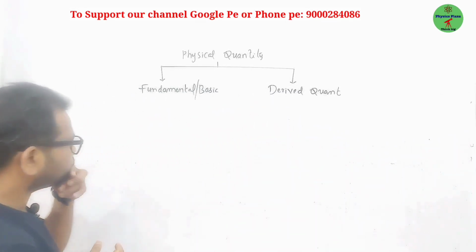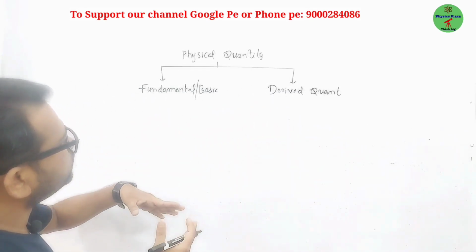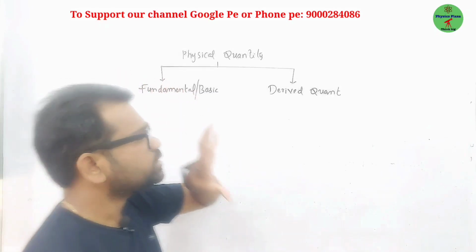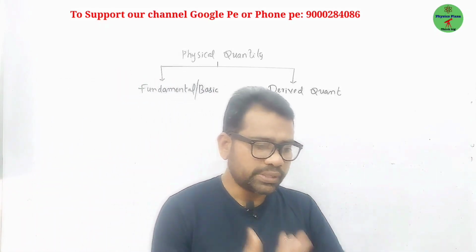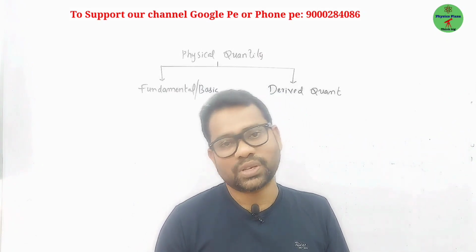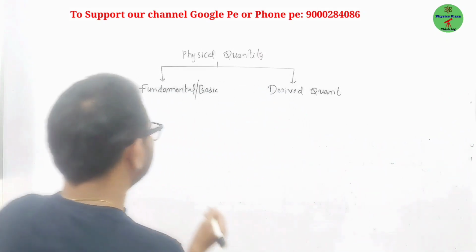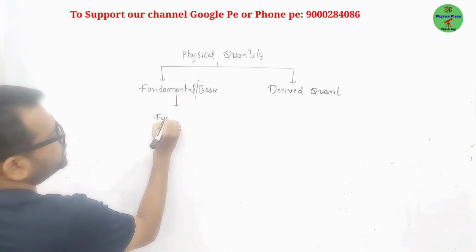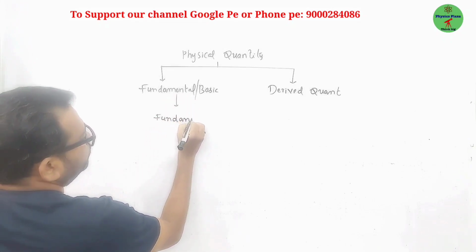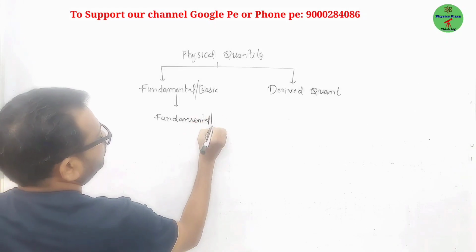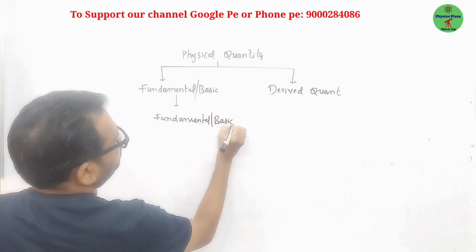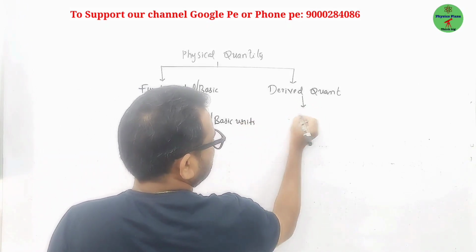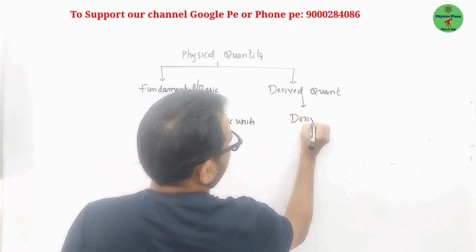So children, here first we'll try to discuss about the fundamental. As we learned, to express any quantity, definitely units must be used, right? So the units which we use to express the fundamental quantities we can call fundamental or basic units, whereas the derived quantities are expressed in terms of derived units.